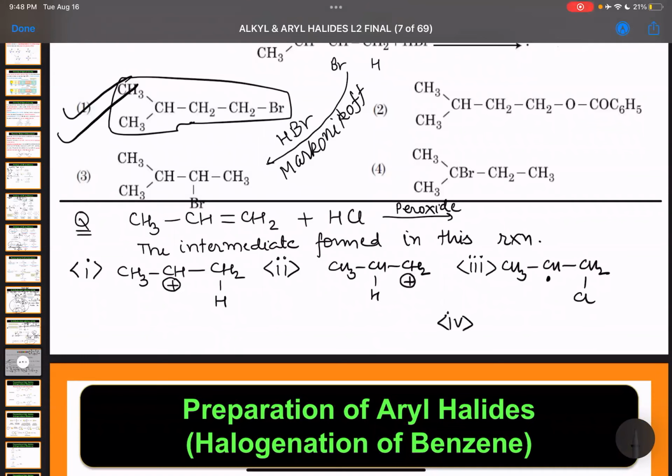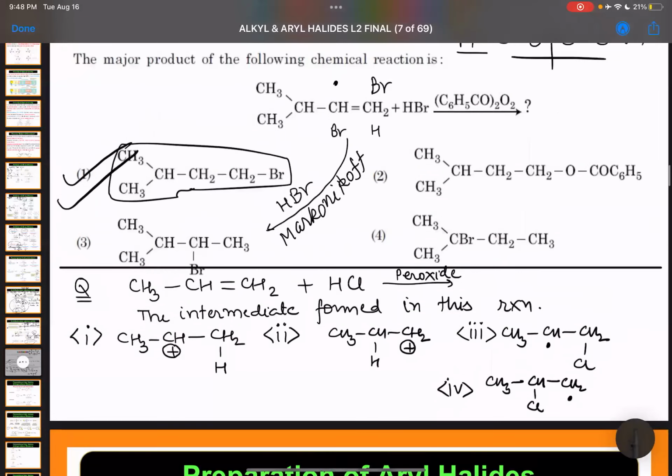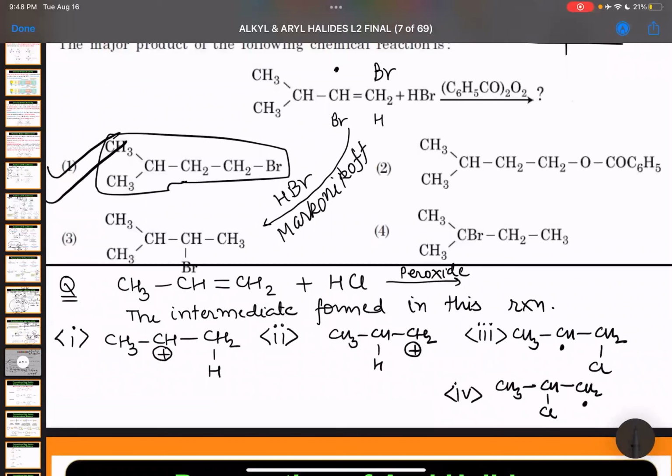This was in JEE Advanced. But a very simple question. Now it can come at any level. What is the intermediate formed when HCl is added in the presence of peroxide to propene? Sir, fourth one, sir. Fourth one.